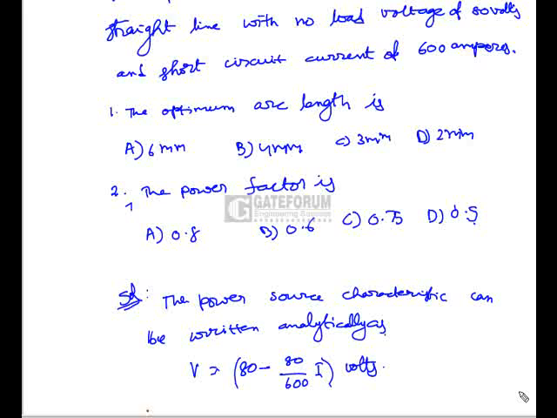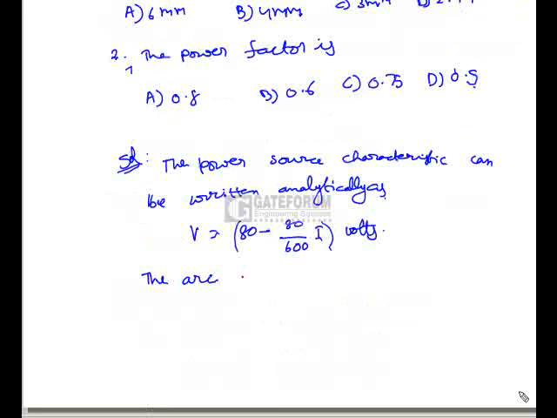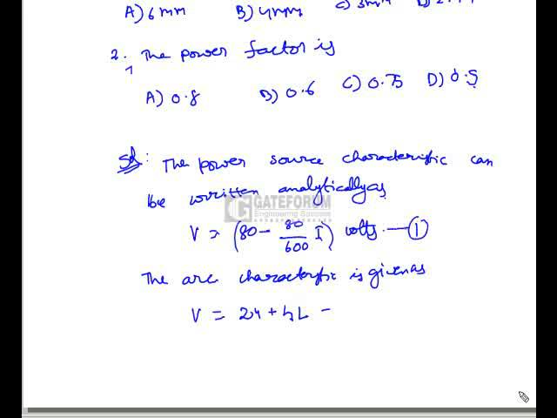The arc characteristic is given as V equal to 24 plus 4L. Let us say these two equations are 1 and 2.